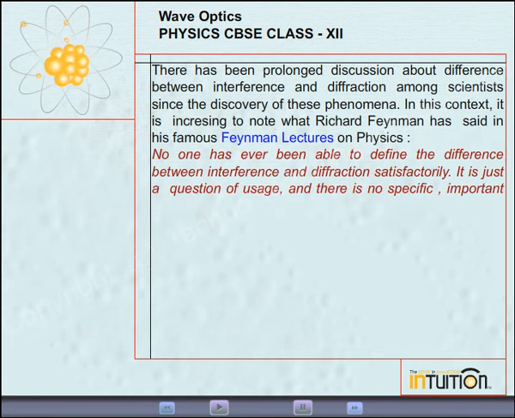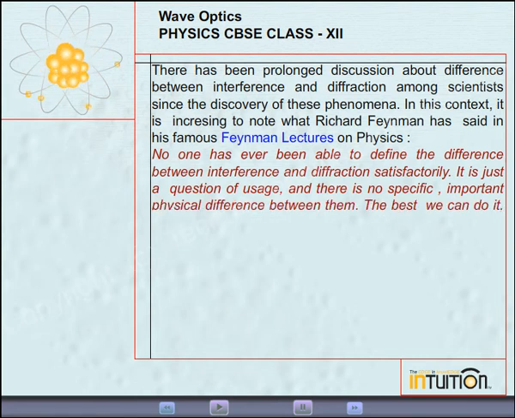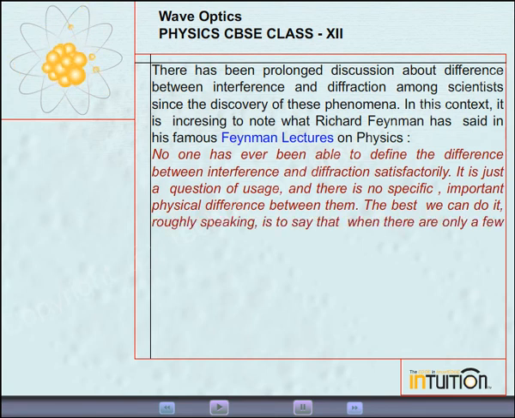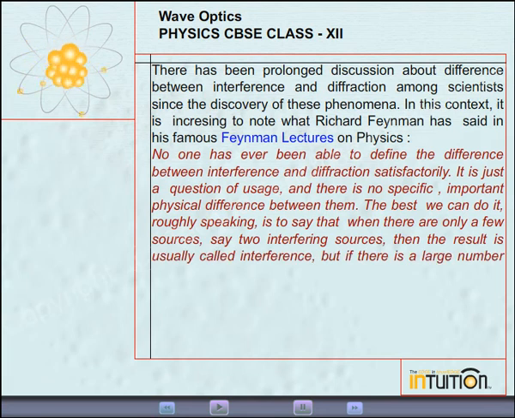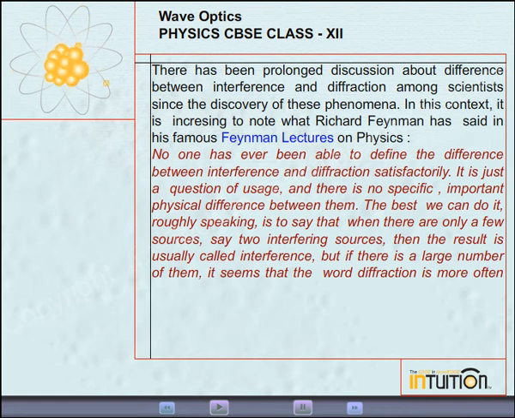It is just a question of usage, and there is no specific important physical difference between them. The best we can do is, roughly speaking, to say that when there are only a few sources, say 2 interfering sources, then the result is usually called interference. But if there is a large number of them, it seems that the word diffraction is more often used."